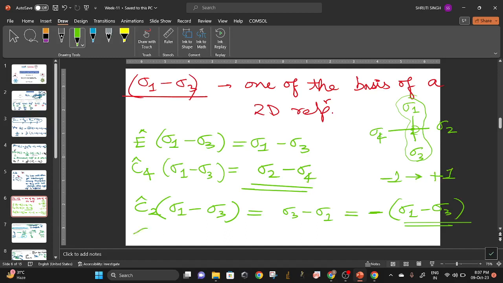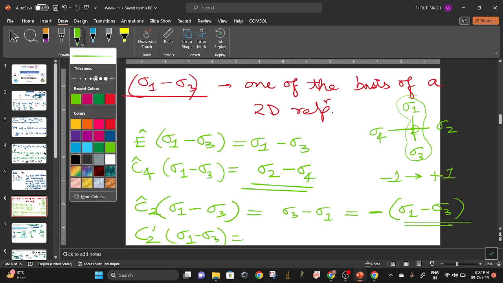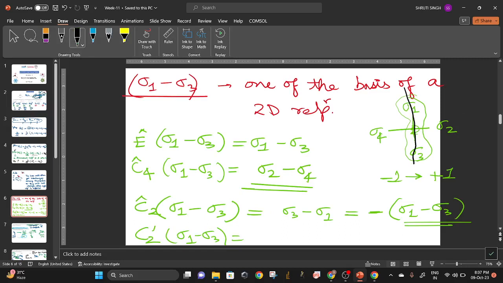Now suppose C2 double dash, sorry, C2 dash first. C2 dash on sigma 1 minus sigma 3. Now C2 dash is, let me show you, along the bond.